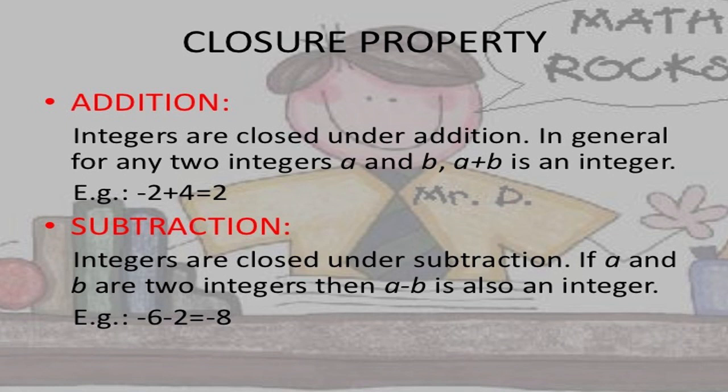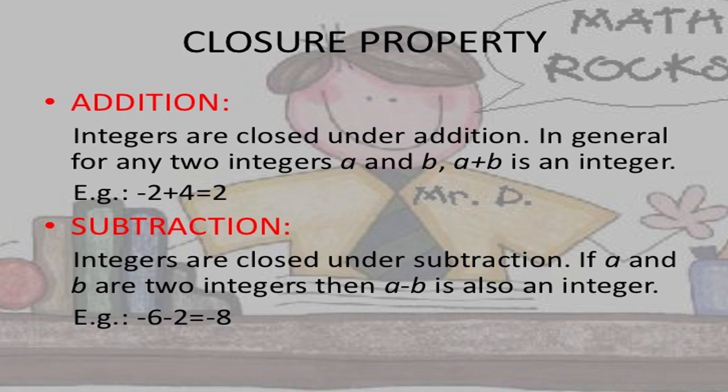What about subtraction? Integers are closed under subtraction also. If a and b are two integers, then a minus b is also an integer. For example, if we subtract 2 from minus 6, that is minus 6 minus 2, we get minus 8. Minus 8 is also an integer. All the negative integer numbers along with positive are integers.